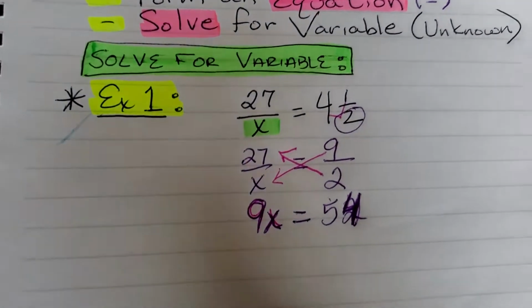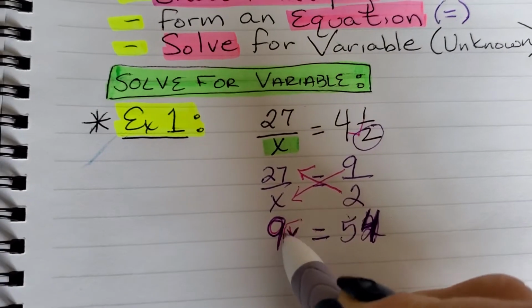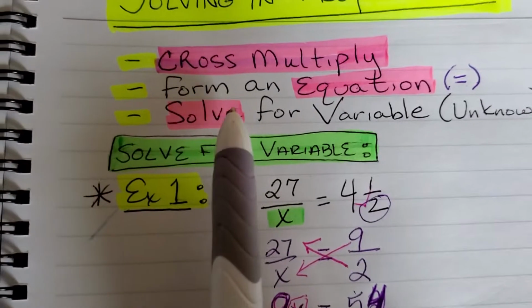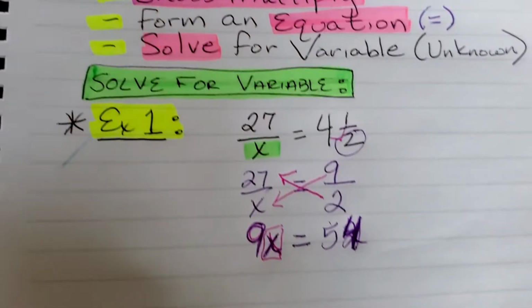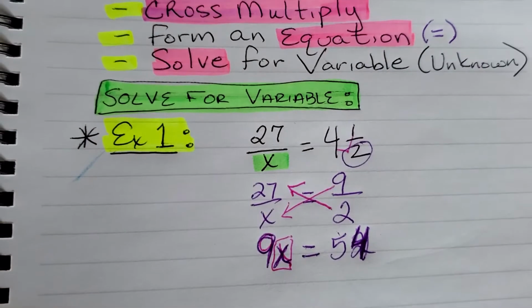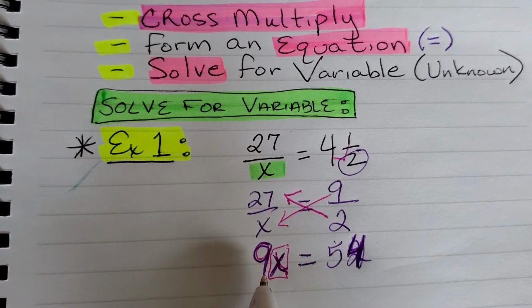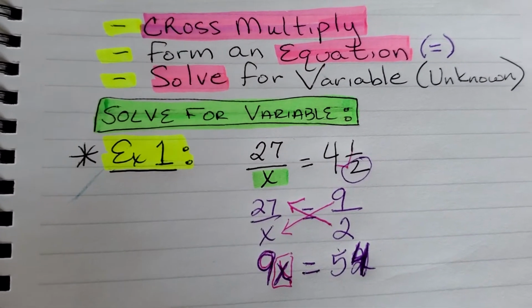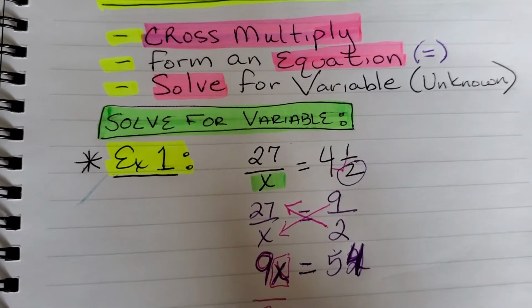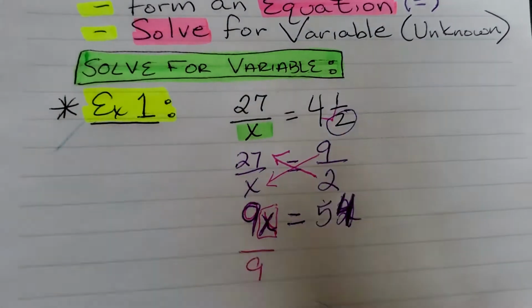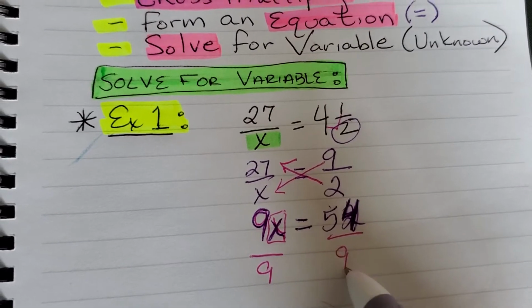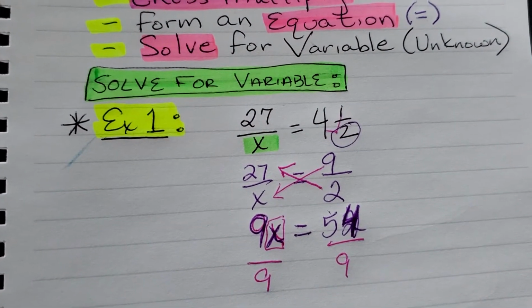Just confirming. Now, last step, we need to get our variable all alone. And again, our last step, solve for the variable. So how do we undo this? Well, multiplication is occurring between the 9 and the x. So to undo multiplication, we divide. And what we do to one side of the equal sign, we have to do to the other, right?